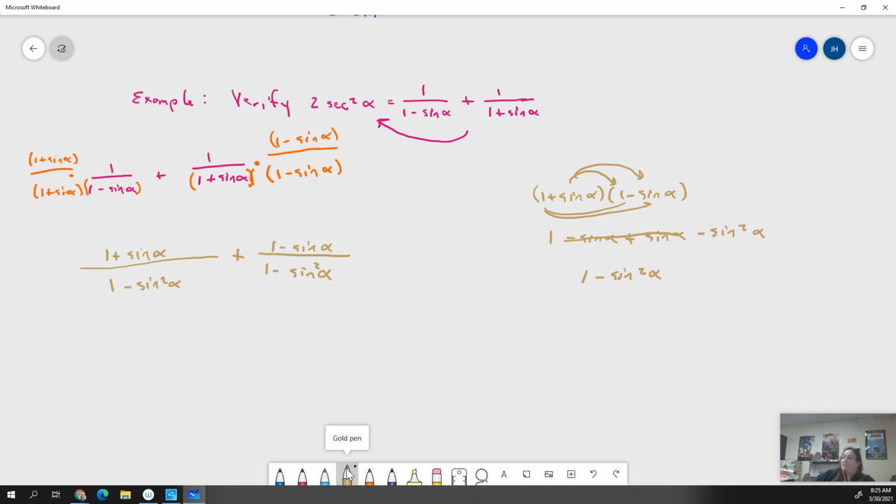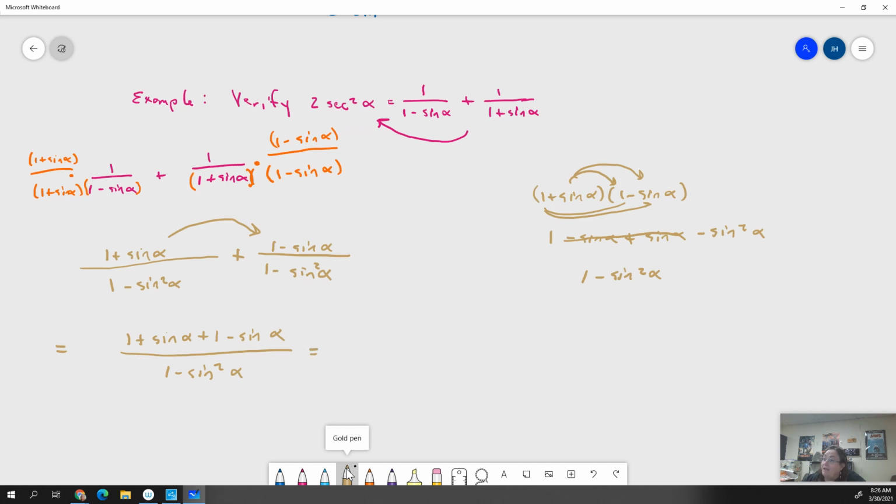Right, so when we look at this, now they have the same denominator, which means that I can add these two numerators together and they'll be over the same denominator. So I can ultimately say now that I have 1 plus sine of alpha plus 1 minus sine of alpha all over 1 minus sine squared alpha, right?